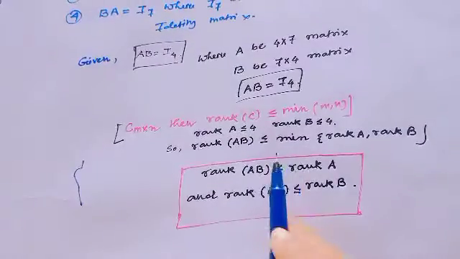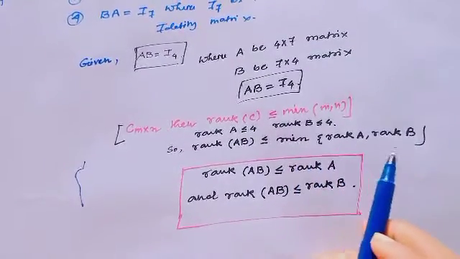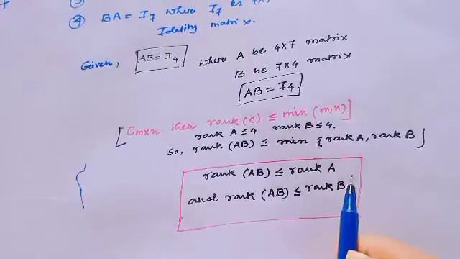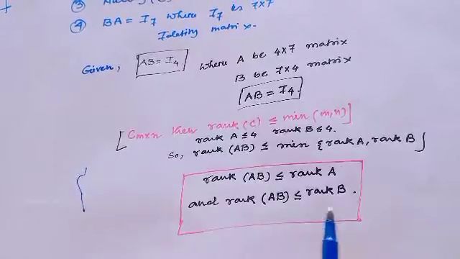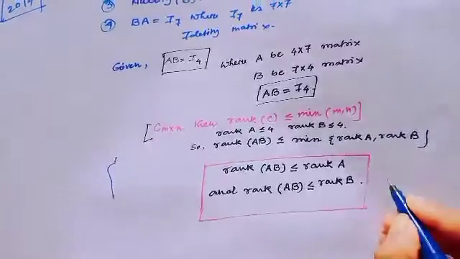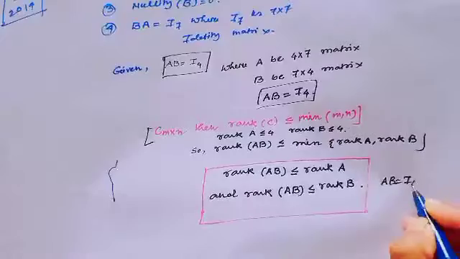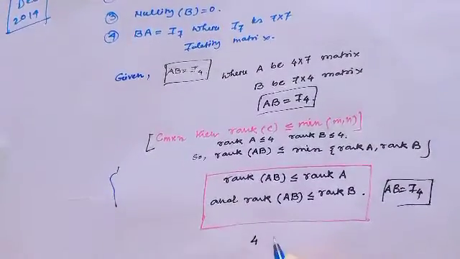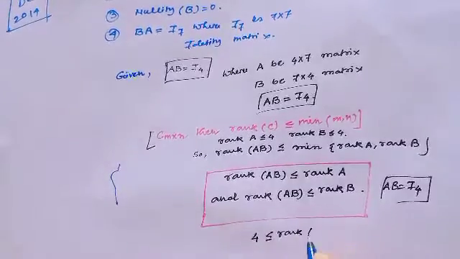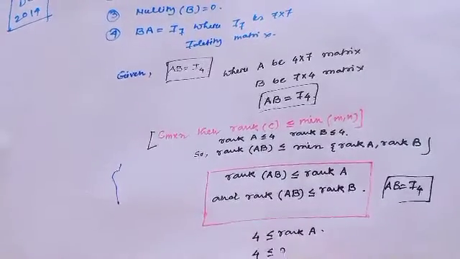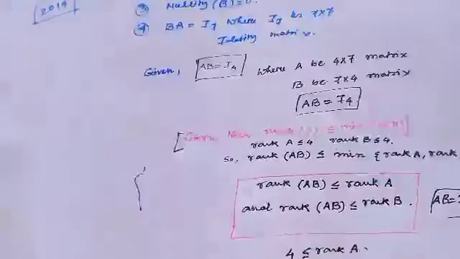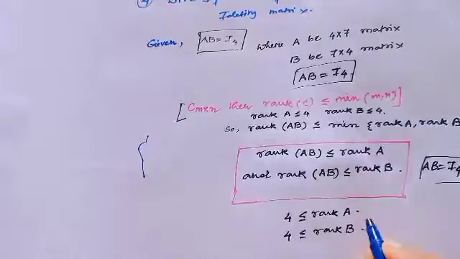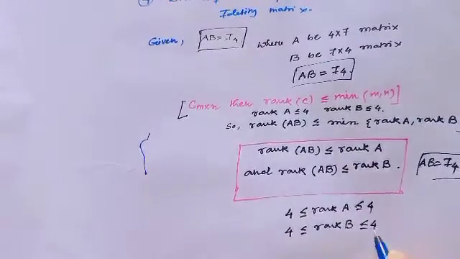By this theorem, rank of AB is less than or equal to the minimum of rank of A and rank of B; that is, rank of AB is less than or equal to rank of A, and rank of AB is less than or equal to rank of B. Since AB equals I4, we can write 4 is less than or equal to rank of A and 4 is less than or equal to rank of B. I also have rank of A less than or equal to 4 and rank of B less than or equal to 4.